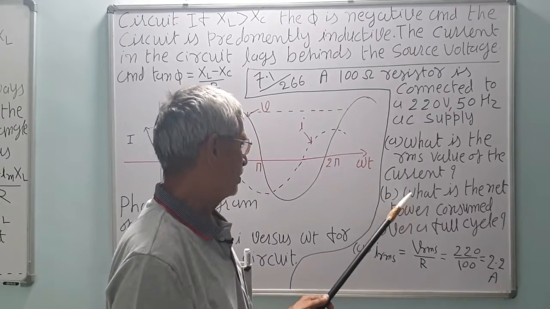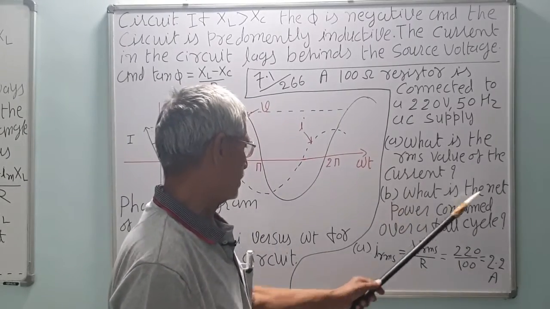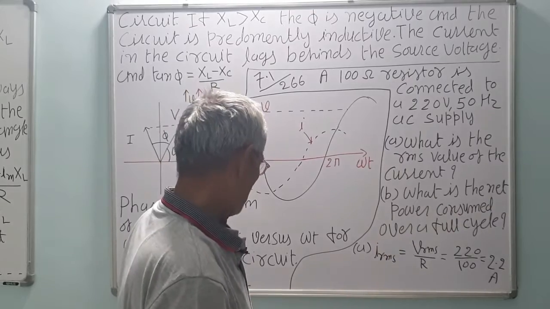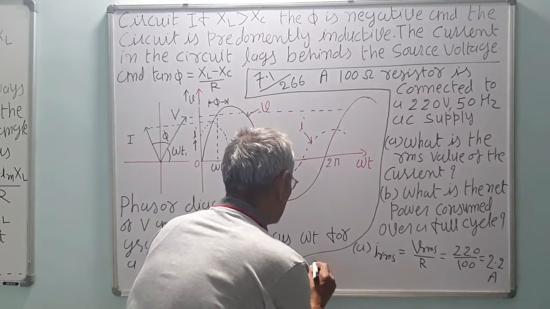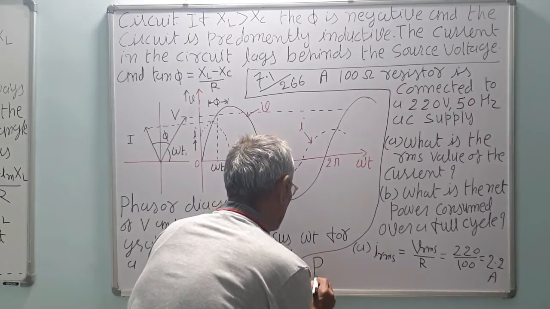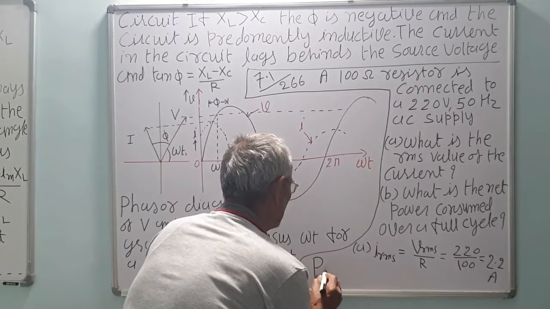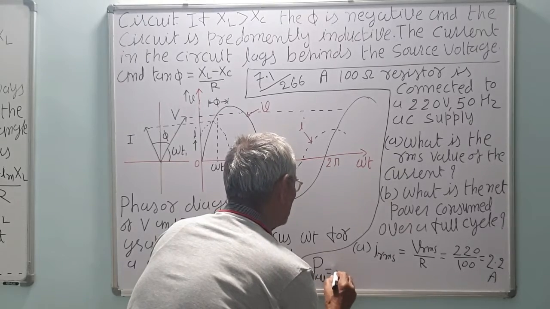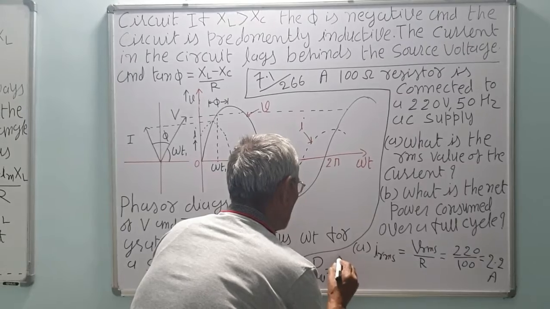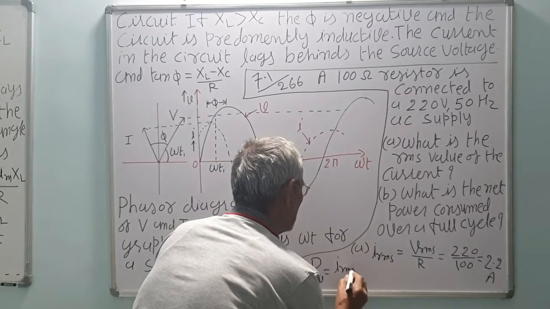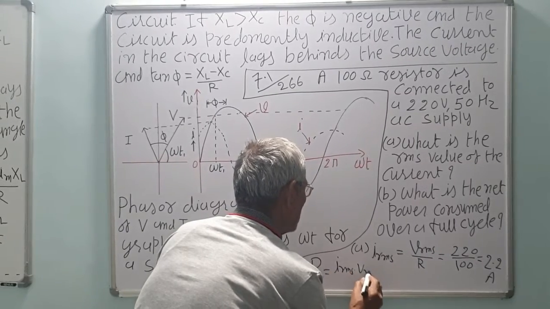Easy example. This is example 1 of the exercise. What is the net power consumed? Net power consumed, that is average power, it is called. Average power is equal to IRMS into VRMS.